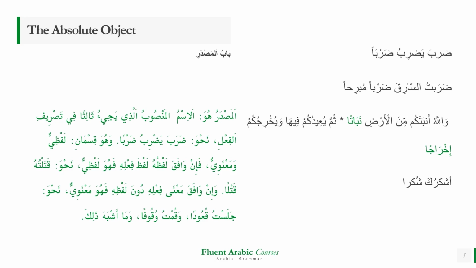Any verb we want to talk about, we usually mention these three forms. فعل يفعل فعلا. So the third form is actually the masdar or the absolute object. So ضرب يضرب ضربا. ضربا is the masdar. فعل يفعل فعلا. فعلا is the masdar.